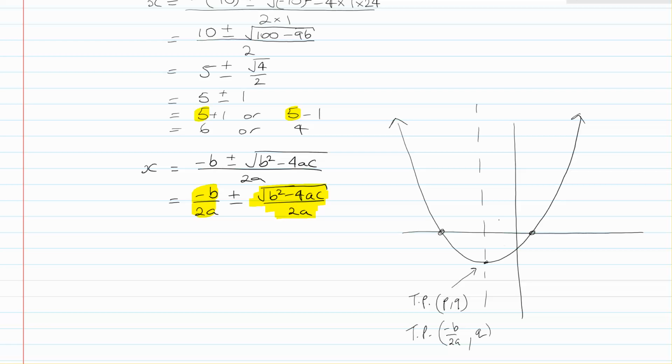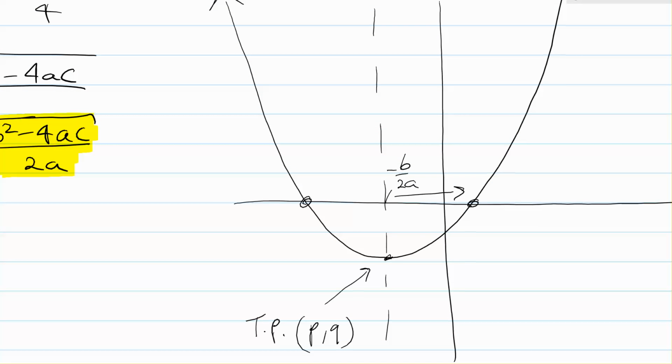We add the square root of b squared minus 4ac, all that horrible stuff, over 2a to it, and we get our first root, which we call alpha. Or we subtract it, and we get our second root, which we're calling beta.